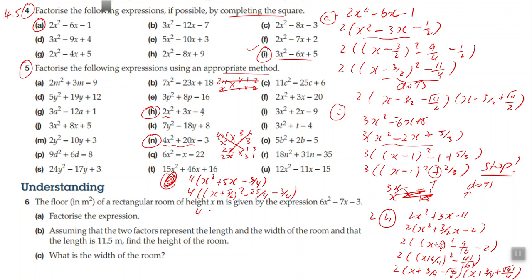So we've got 4 brackets x plus 5 over 2 squared minus 28 over 4. Use DOTS. So we got 4, x plus 5 over 2 plus root 28 over 2, x plus 5 over 2 minus root 28 over 2. I'm using DOTS, by the way.